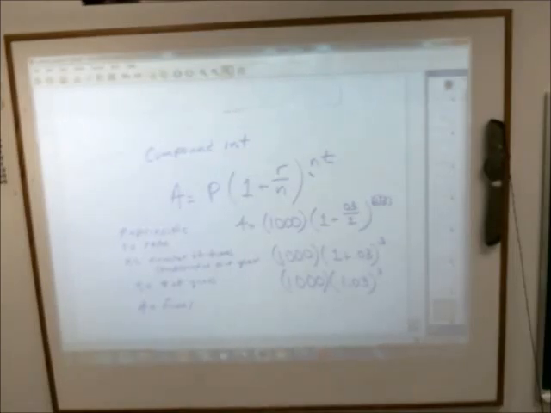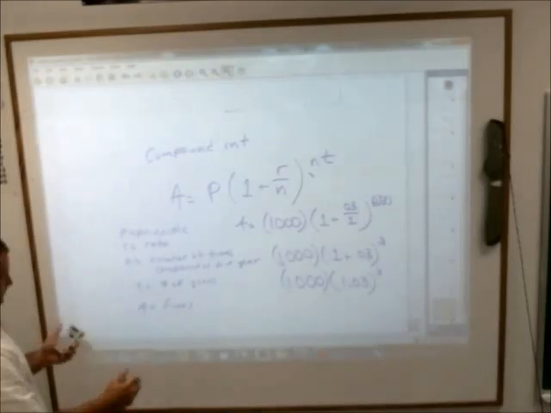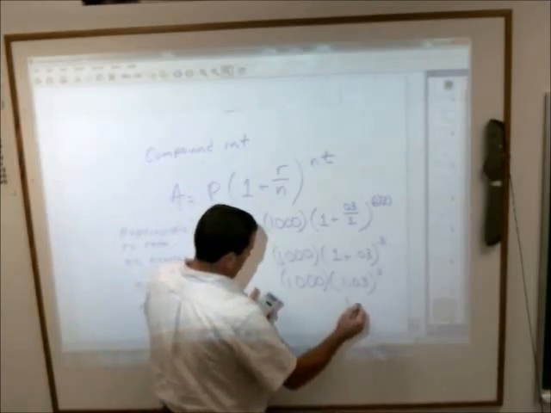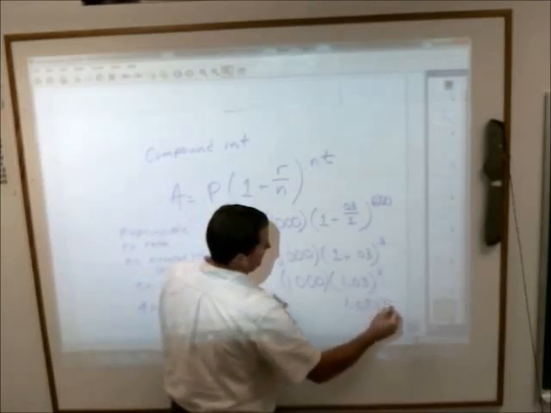I got a little calculator here. 1.03 times 1.03 times 1.03 equals, guess what? 1.092727.